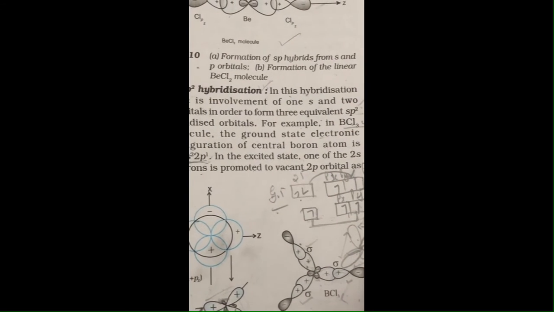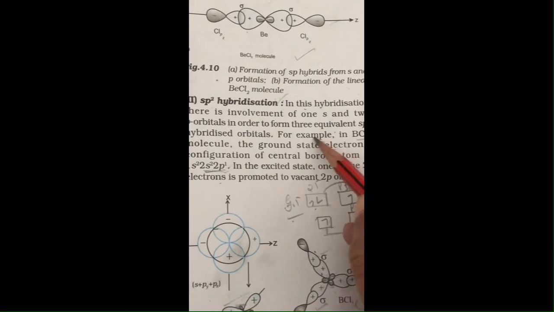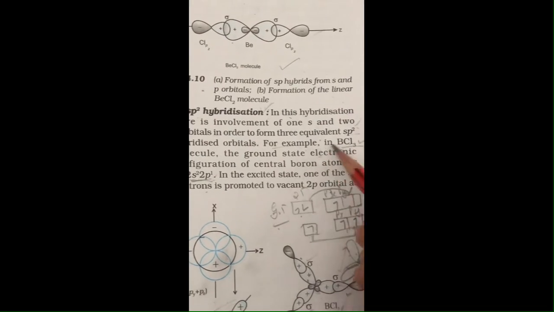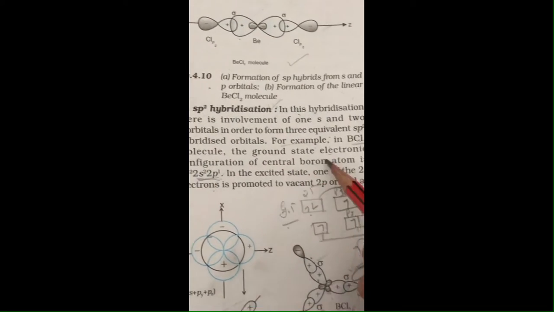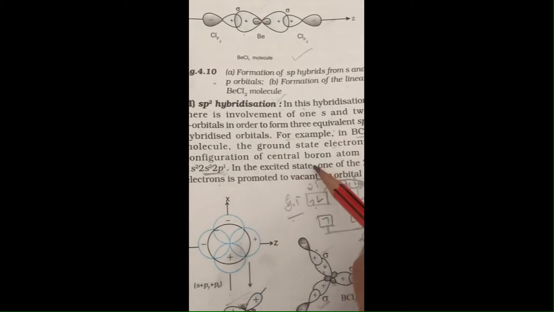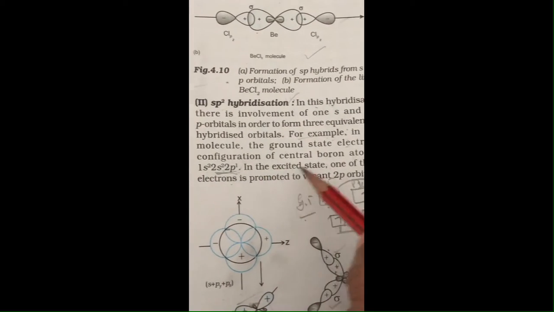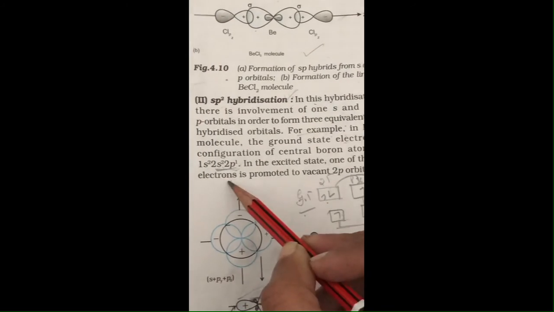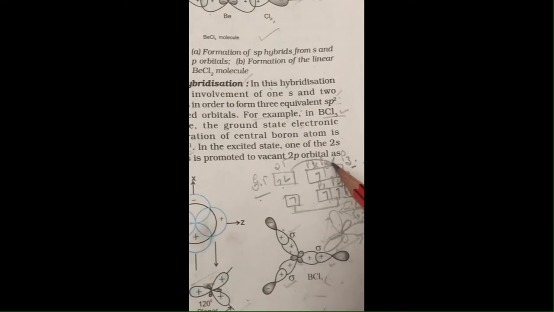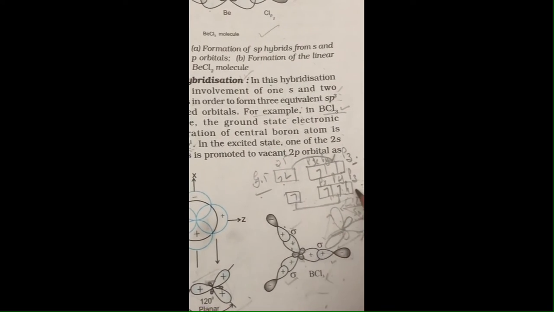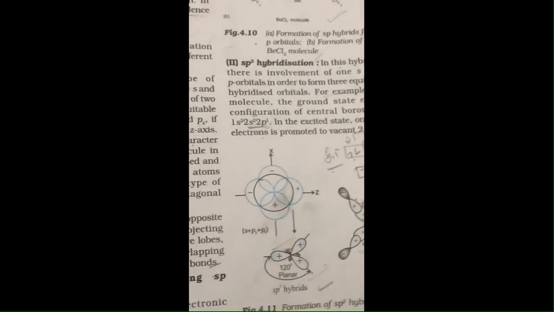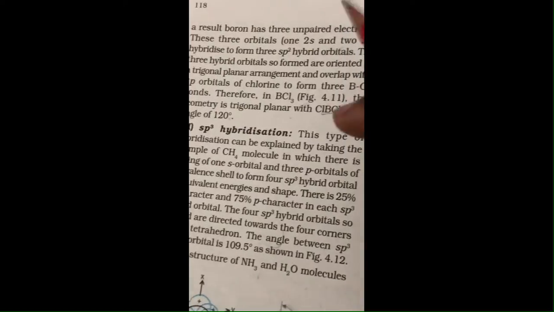These are further responsible for overlapping with the empty p orbital of the chlorine atom. Clear? So again you can see, in the BCl3 molecule, the ground state electronic configuration of the central boron atom is 1s2, 2s2, 2p1. In the excited state, one of the 2s electrons is promoted to the vacant 2p orbital like this, so as a result, boron has 3 unpaired electrons.